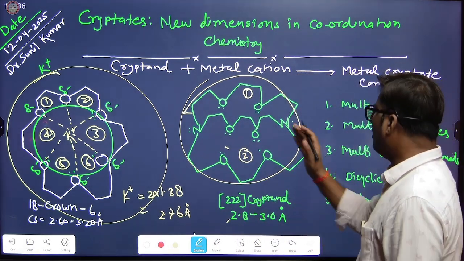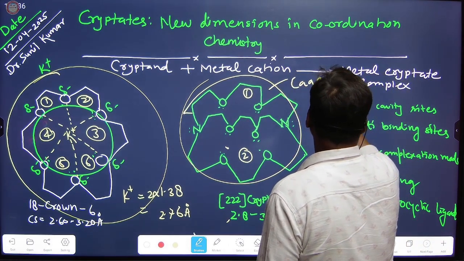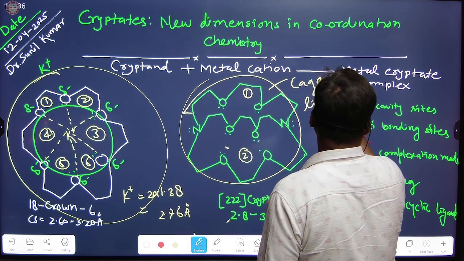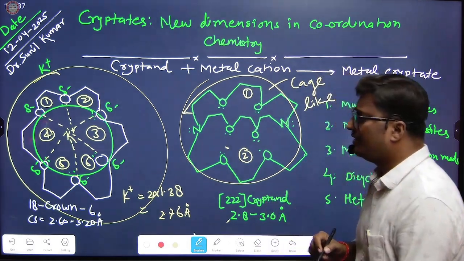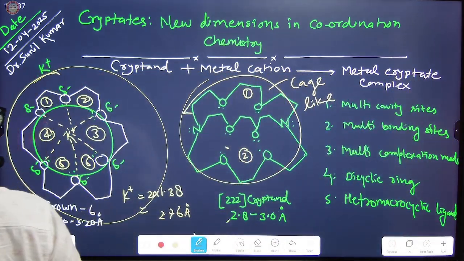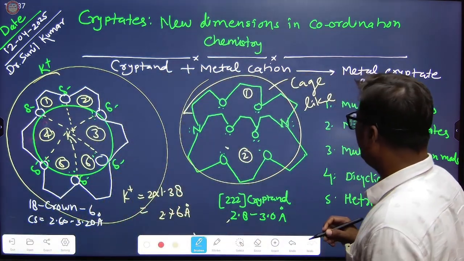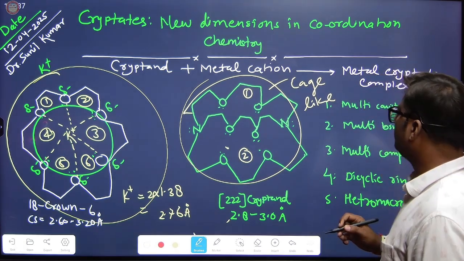So it forms a cage-like structure actually. This cage-like structure forms multi-chelate rings during the complexation.